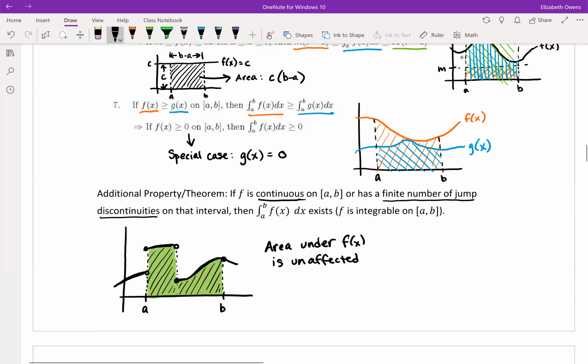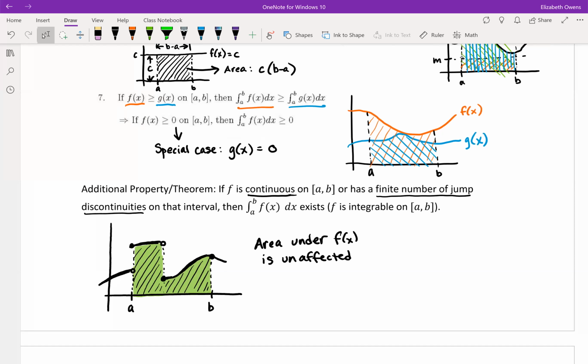If you have an infinite discontinuity, like this type of thing, if you've got a vertical asymptote in there going from a to b and your function does something like this, that's going to be a bit of a problem.